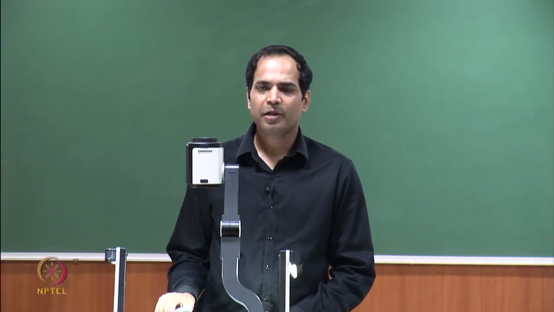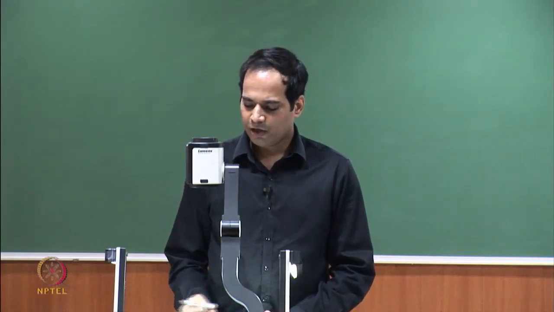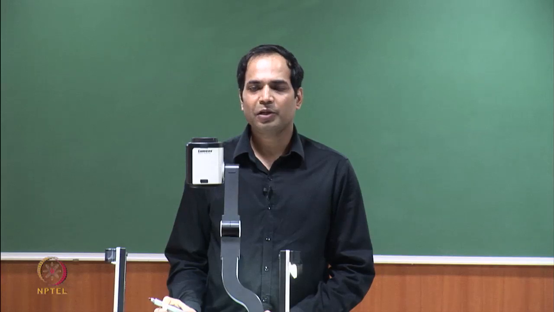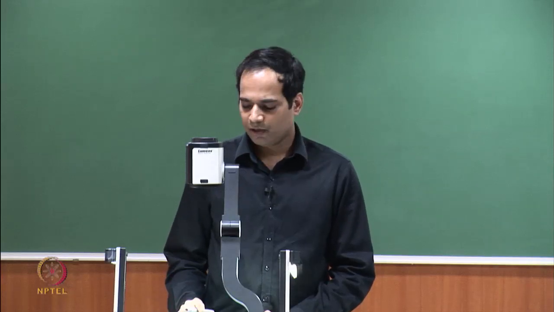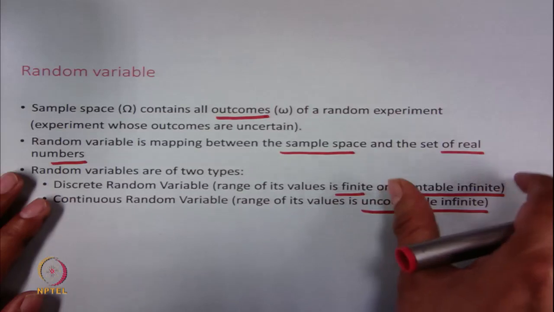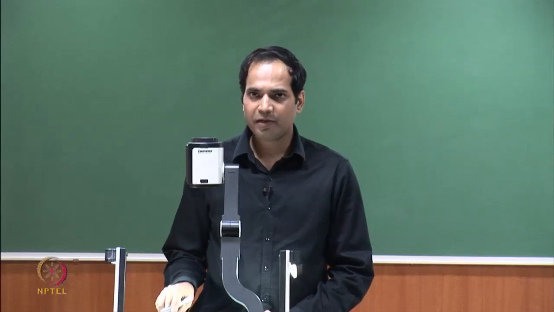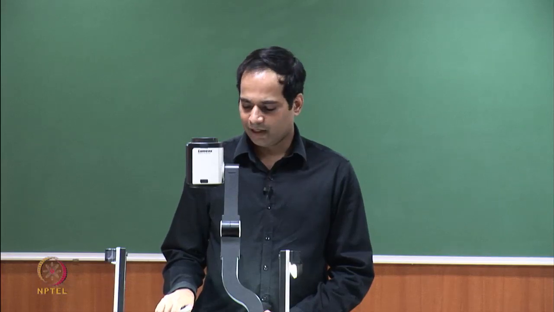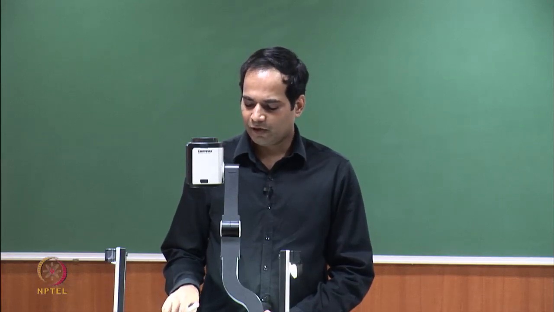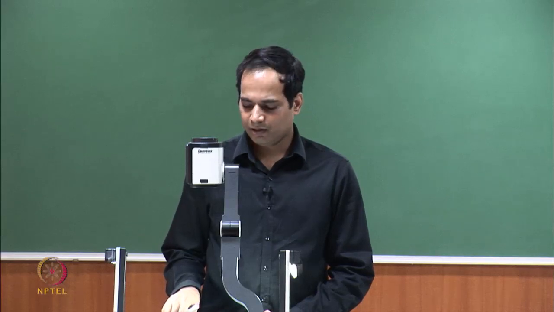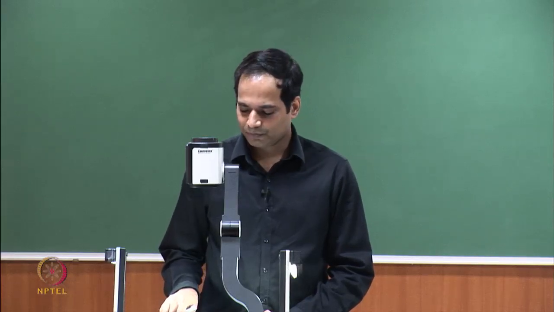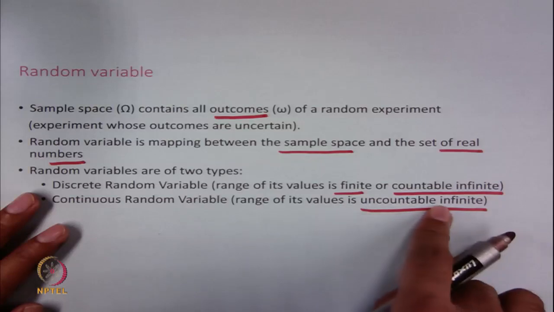The basic difference between the set of integers and the set of real numbers is that between any two integers you can have only a finite number of integers, whereas in the case of real numbers, between any two real numbers you have infinite number of real numbers, right. So, the set of integers and the set of real numbers are both infinite, but there is a difference in the kind of infinity that they depict. The set of integers is countable infinity, which is less severe than the set of real numbers where the infinity is uncountable.